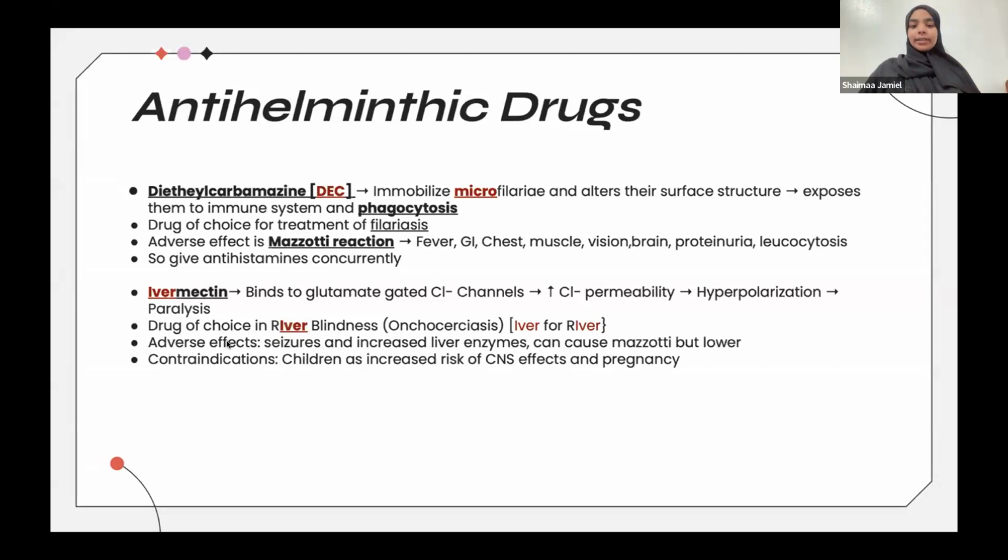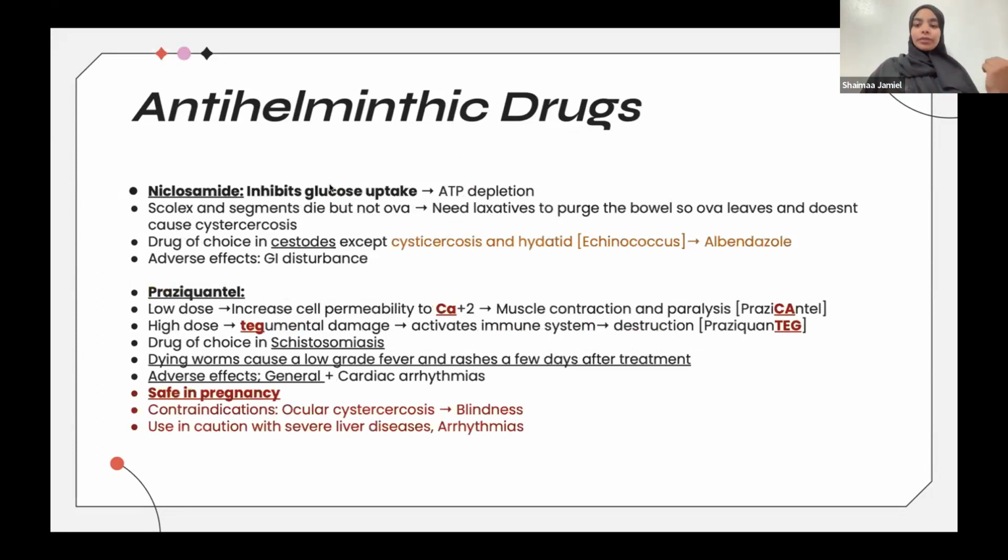Another drug that's a beta-lactam that causes seizures is imipenem, right? They both start with I, so maybe you can remember that. So yeah. And pregnancy again, first trimester pregnancy again. Okay, so these were for the roundworms.